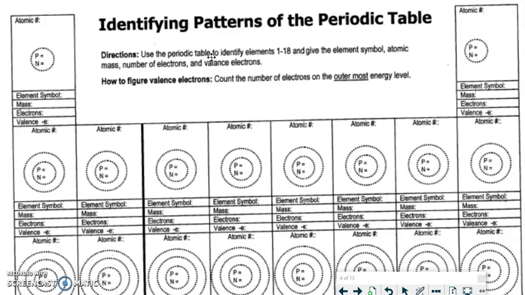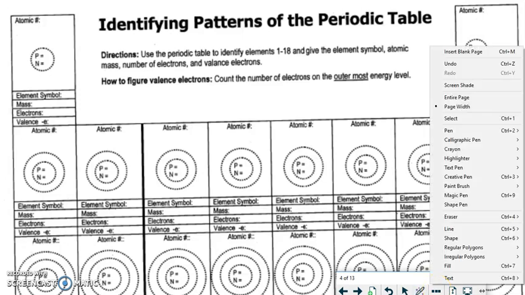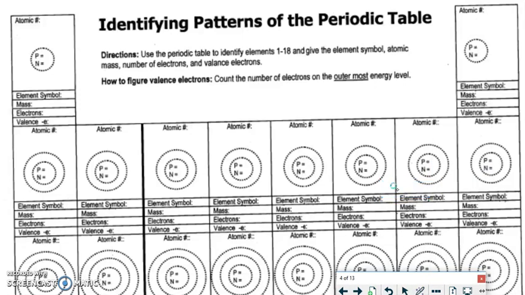Okay? So let me get my pen going here again. So we kind of learned some rules for drawing atoms. And I know that a certain number of electrons fits at each energy level, and we have a certain number of electrons depending on the atom.